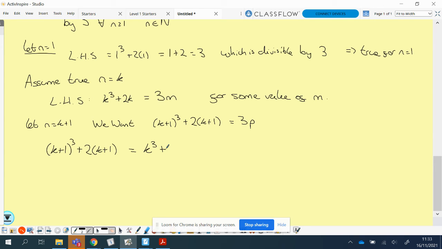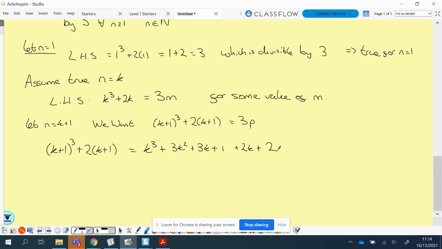The third row would be 1, so 1 lot of k cubed, then 3 lots of k squared, plus 3 lots of k, plus 1. So that can be multiplied out of that first bracket, plus 2k plus 2 from multiplying out the second bracket.